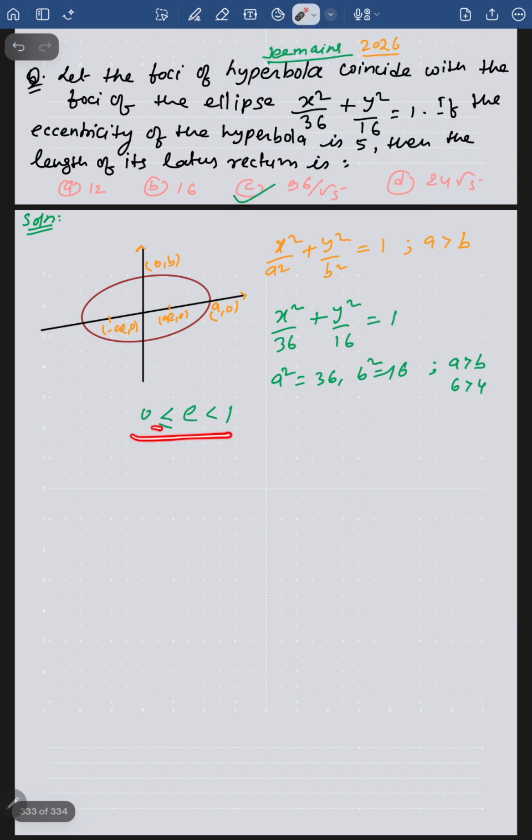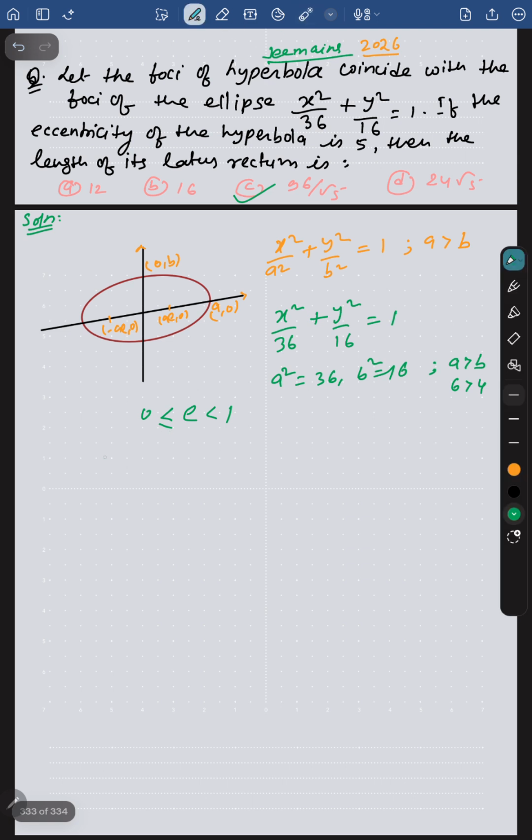If it is equal to 0, then it becomes the equation of a circle. Now see, there is also one formula for the relation between b square, a square and e, for an ellipse, like this. So with this information we can calculate the eccentricity of the ellipse.